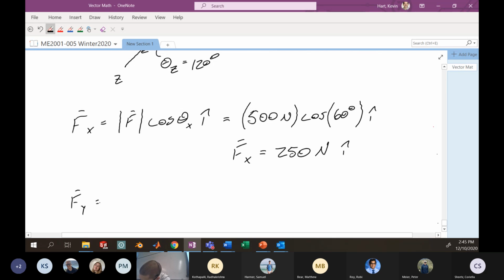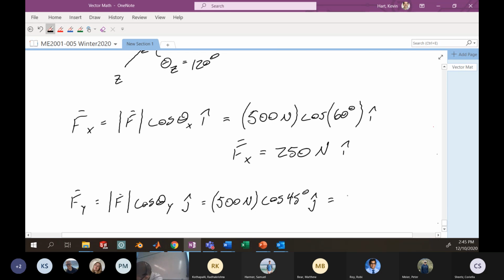Similar ideas here. Magnitude of F times cosine theta y, j hat. This will be 500 newtons multiplied by cosine 45 in j hat. So you work this out, 354 newtons in j hat.